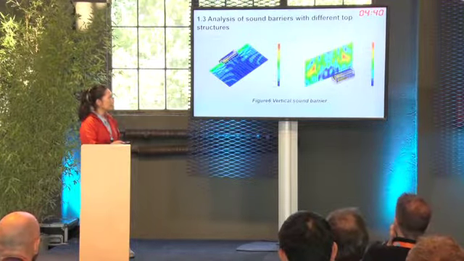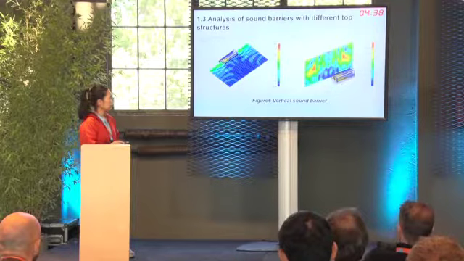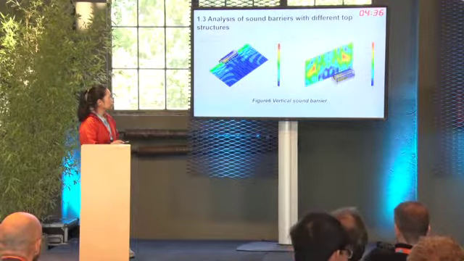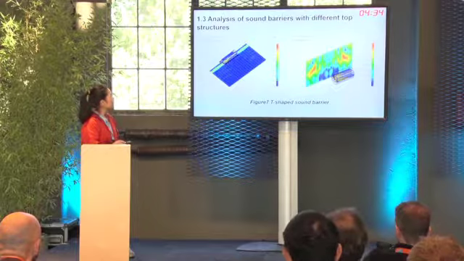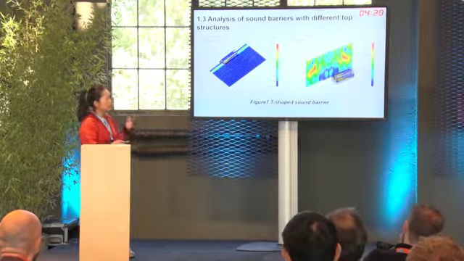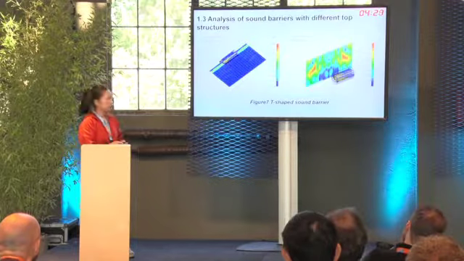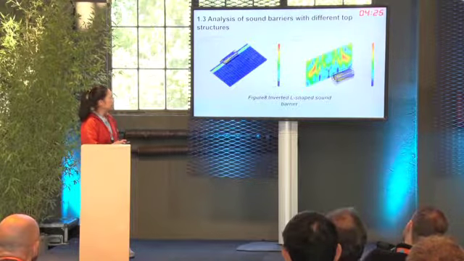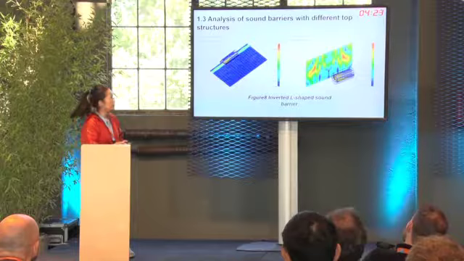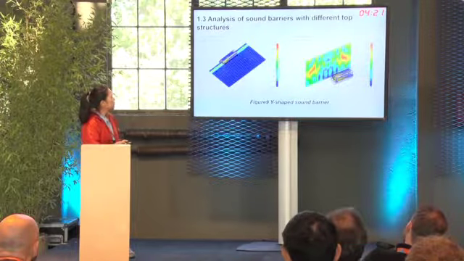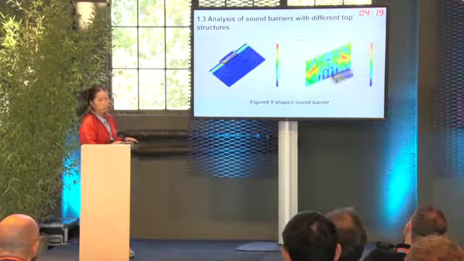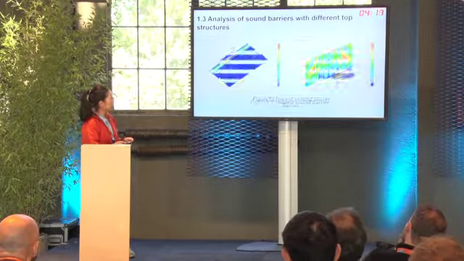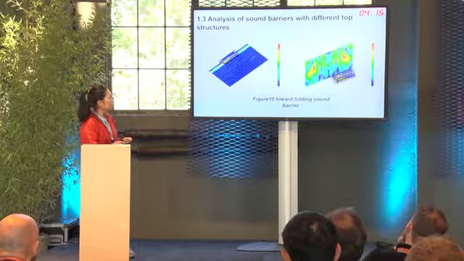It's a vertical sound barrier. And it is a T-shaped sound barrier. It's an inverted L-shaped sound barrier. And this Y-shaped sound barrier is a different structure. And it's an inward folding sound barrier.